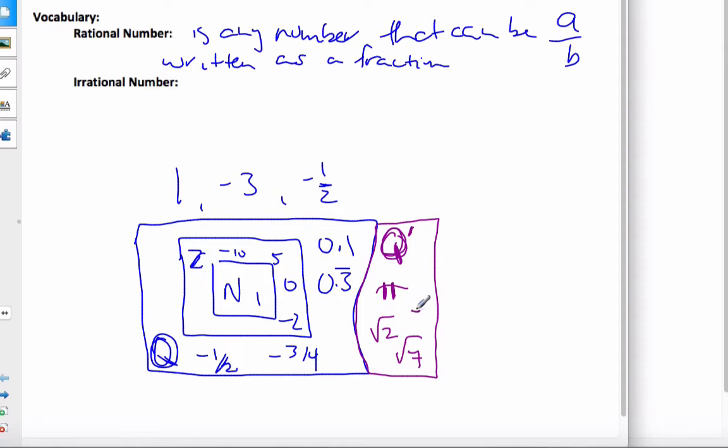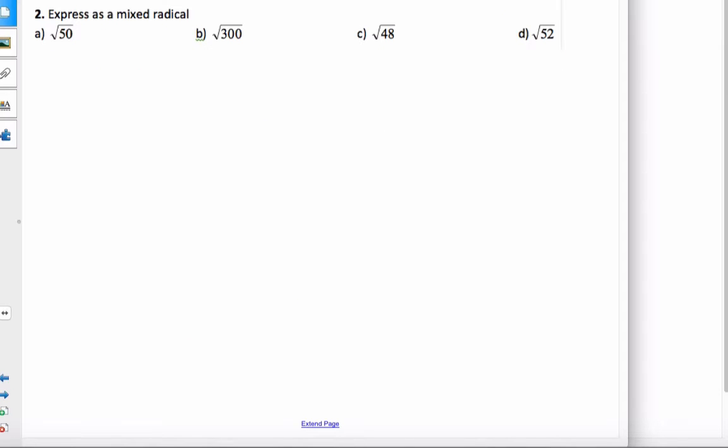There's another number called E that is also irrational. We'll talk more about E in a few years. But any square root that does not simplify ends up being irrational. And so our two sets are rational numbers and irrational numbers, and these can't be fractions.